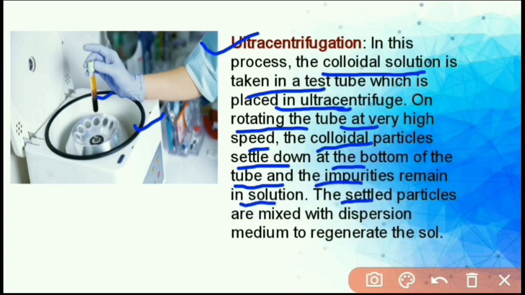The settled particles are mixed with dispersion medium to generate colloidal solution, and we can obtain the pure colloidal solution. So by this process we can obtain the pure colloidal solution.